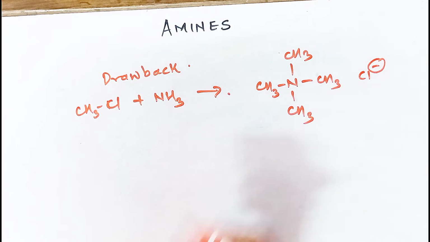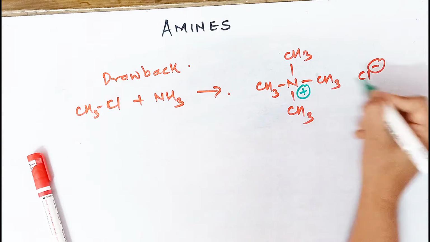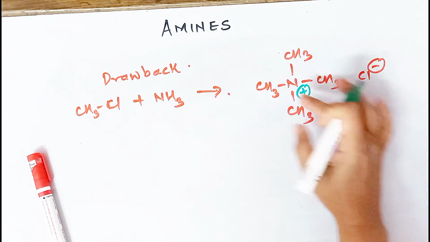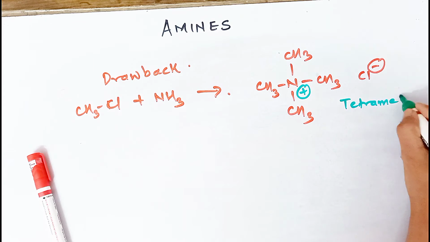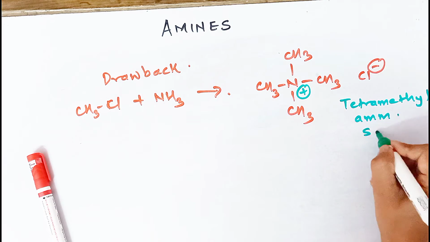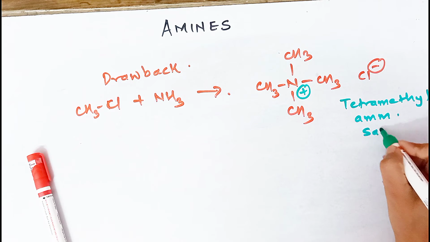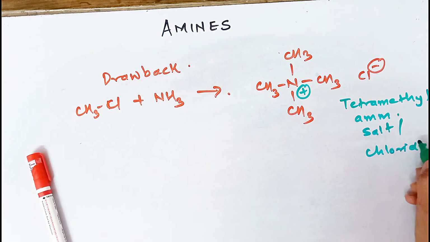Look at that. So children, please remember this has to be a positive sign. So we get a tetramethyl ammonium chloride. Alright, we are going to get tetramethyl ammonium chloride. So I can write ammonium salt also, or I can write chloride also. Alright, so these are the names of this compound.